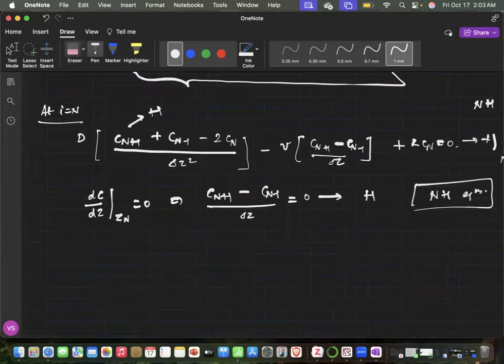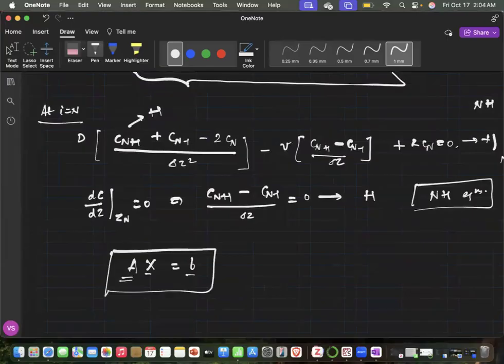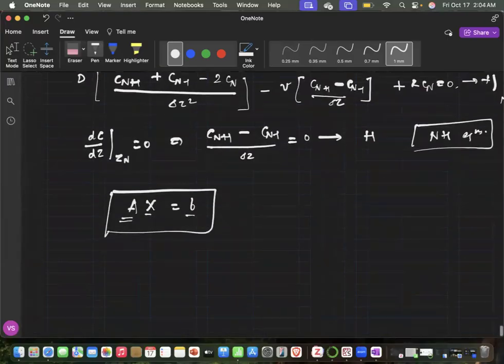So we can write this in the form of Ax equals b, right? And this type of a problem we can very easily solve using Python, right? So whenever you discretize anything, all that you have to worry about is making the matrix A and the vector b.